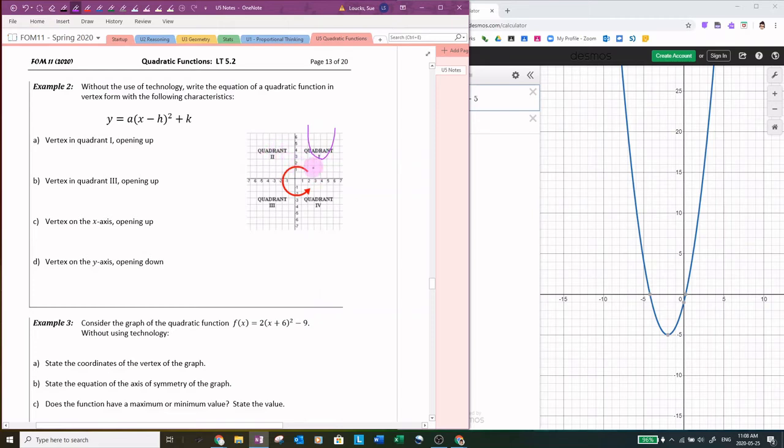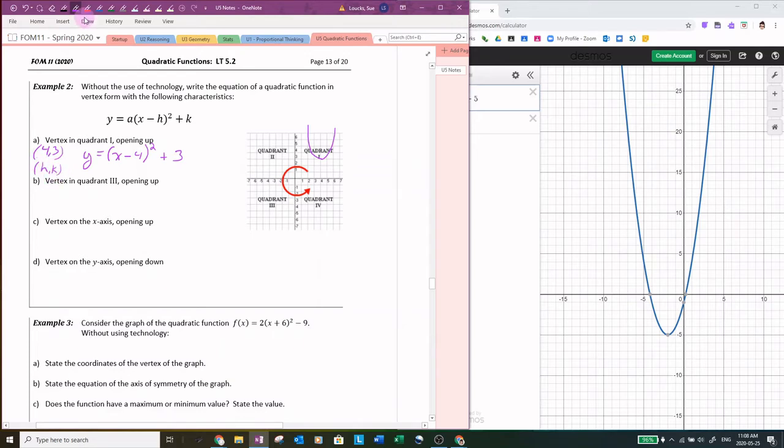So in this case, my (h, k) is (4, 3), my vertex is (4, 3). So my equation is going to be y equals, and a can be anything. I'm just going to leave it as 1 this time. So y equals (x minus 4) all squared plus 3. Okay, here's my h and k.